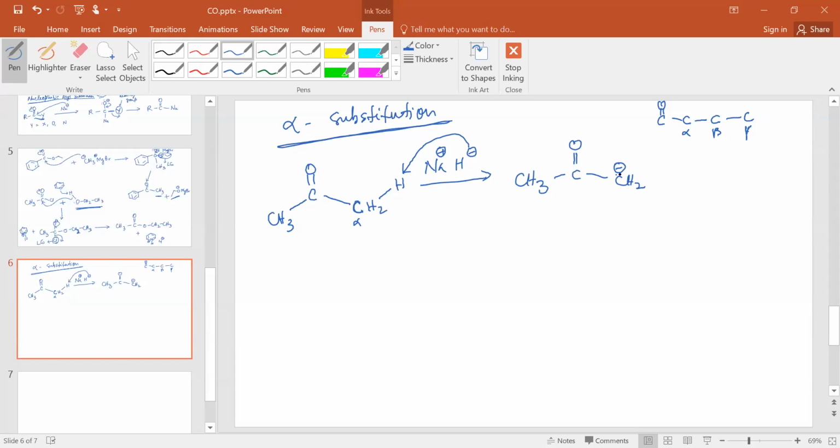Why? Because this is resonance stabilized. This is in conjugation with the carbonyl group, so it will be O minus double bond CH2. Okay, so this is the resonance.